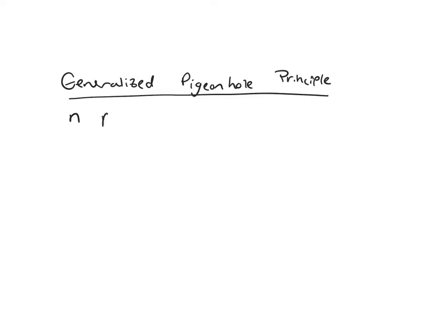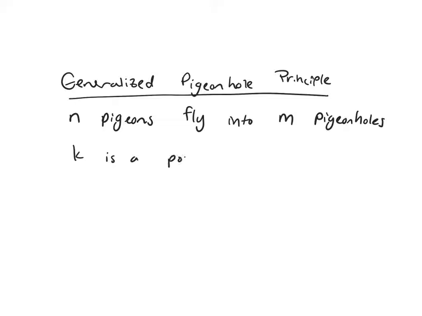So let's say we have N pigeons that fly into M pigeonholes, and K represents a positive integer such that K times M is less than N. So K times the number of pigeonholes is less than the number of pigeons.